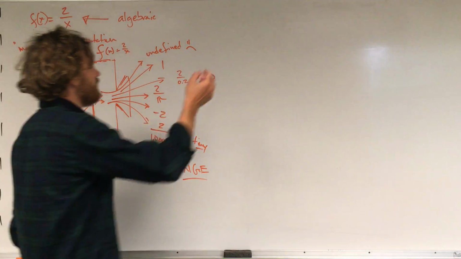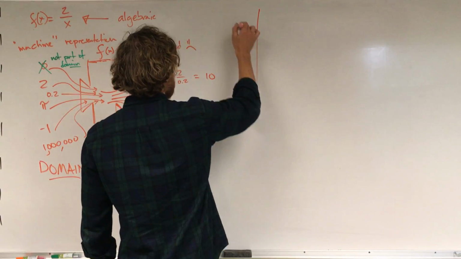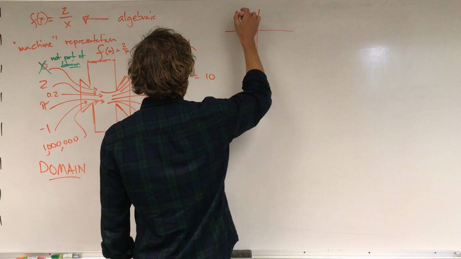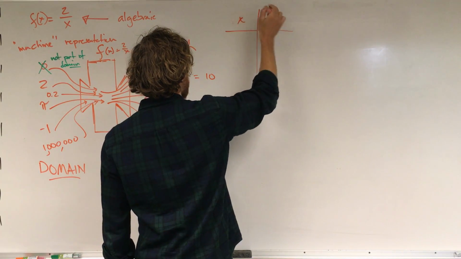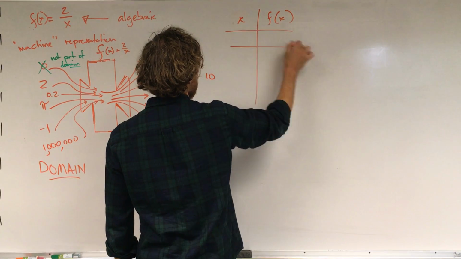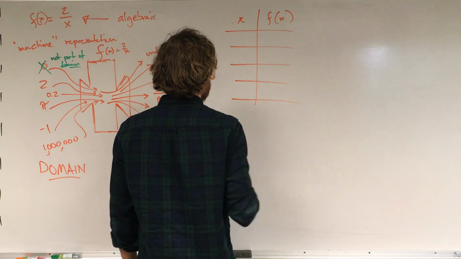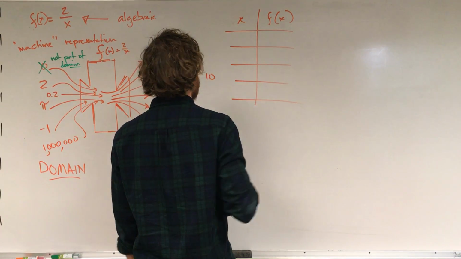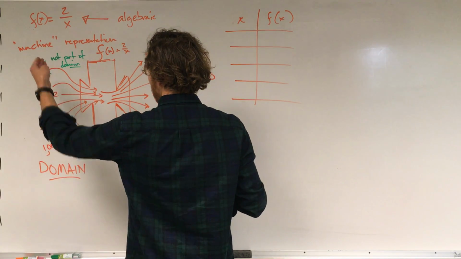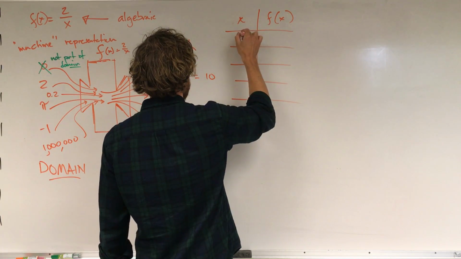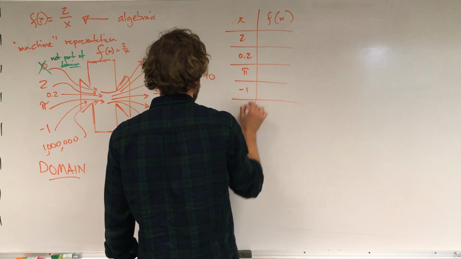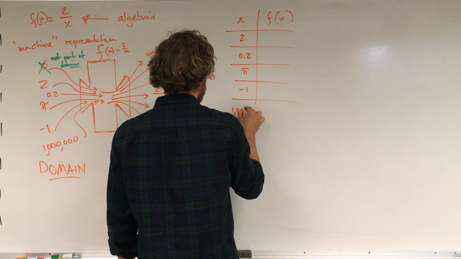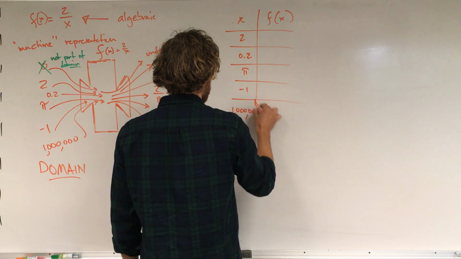Okay, another way that's really nice to look at functions is through a table. So let's call this x, and let's call this f of x. Okay, fine. So we can choose whatever we want to plug in. Let's say we wanted to plug in these same values: 2, 0.2, pi, -1, and 1 million.